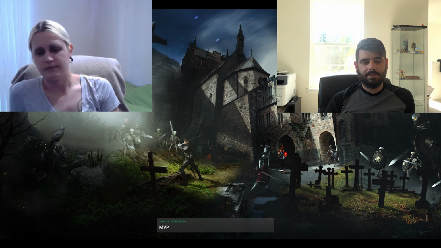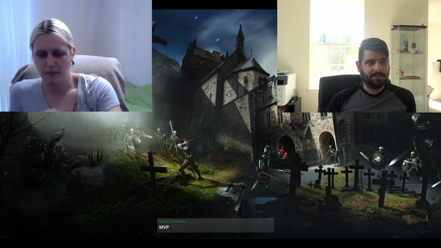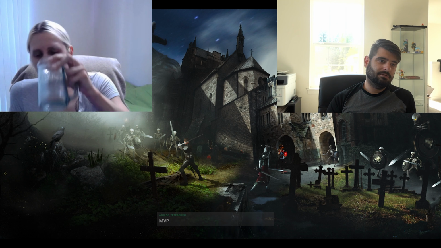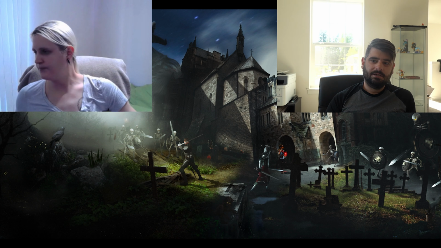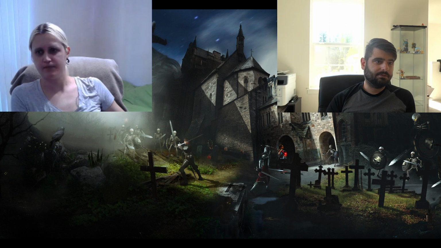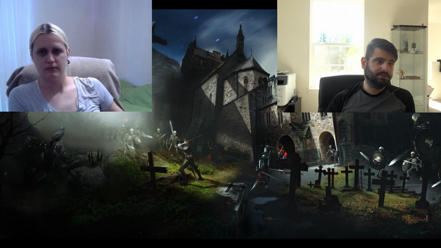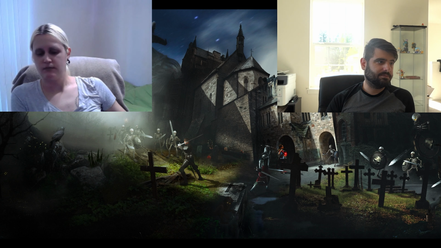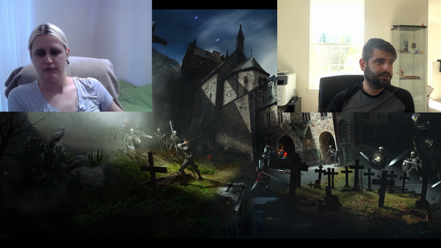Something else, kind of sidestepping a bit, something else that you often consider is that these towns are built around resources, right? They're built on a river, or they're built on some hills that provide nice mining opportunities.